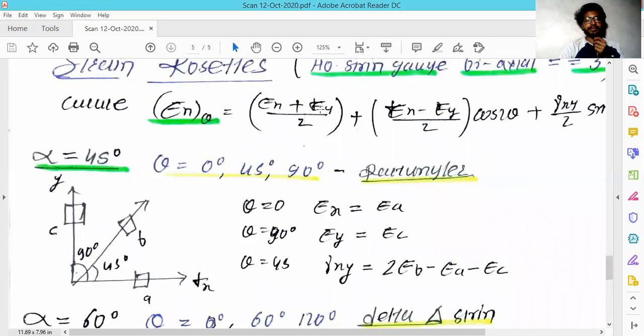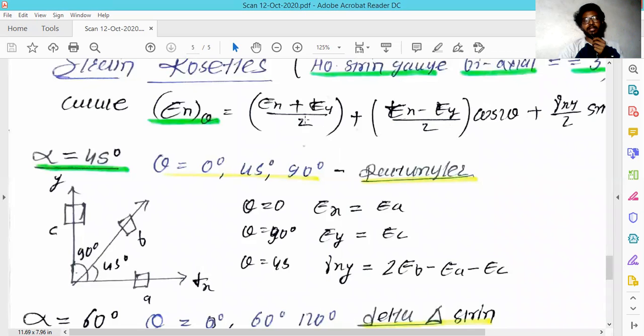So in this condition, the remaining portion will become the normal strain, which shows the strain in the a direction: strain x plus strain y divided by 2 plus strain x minus strain y divided by 2. This portion will remain.